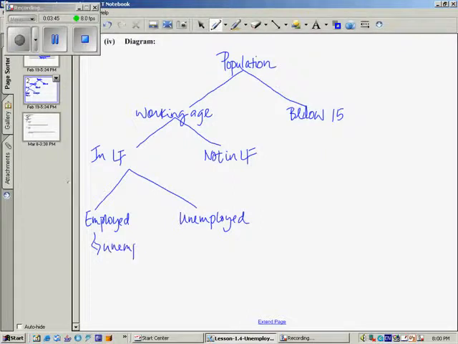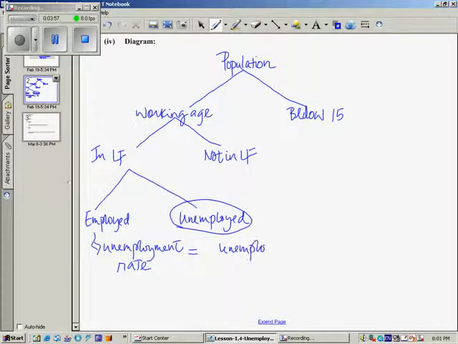Unemployment rate is defined as the number of unemployed divided by something times 100. Then that will give us the unemployment rate.